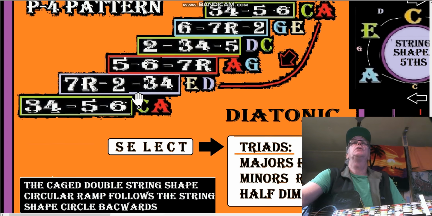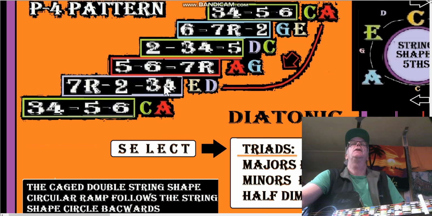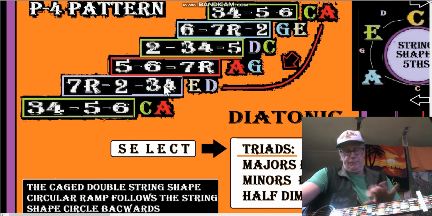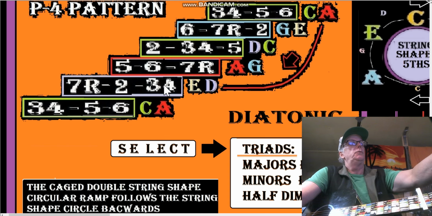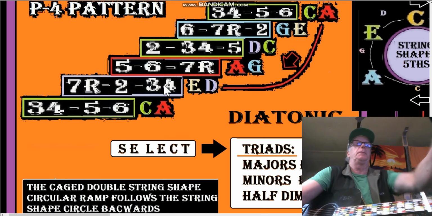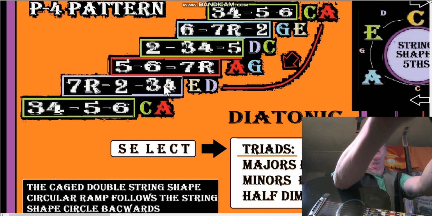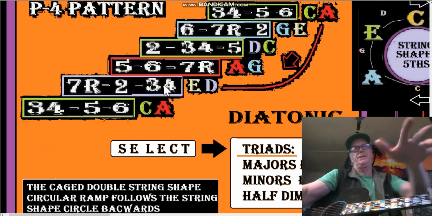Going up the line here, we're going in a diatonic scale. When we want to go on a ramp, we don't want to go all the way up here unless we're doing an arpeggio. That's just doing the same thing.